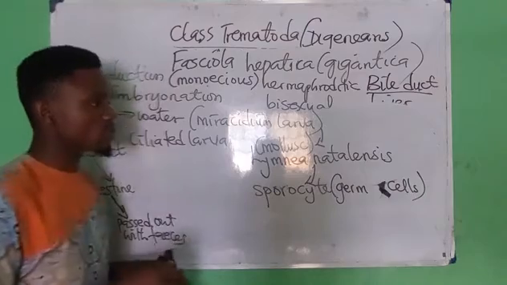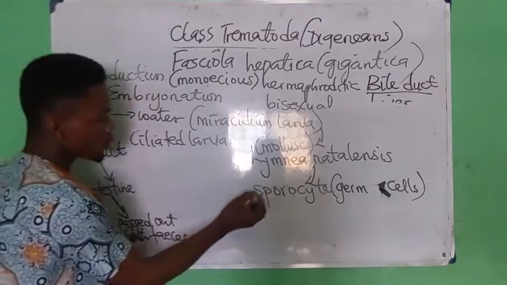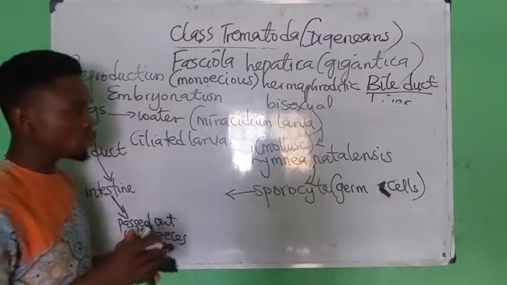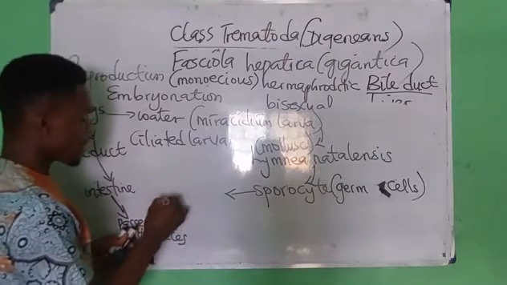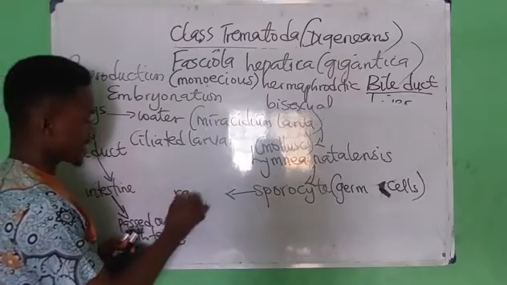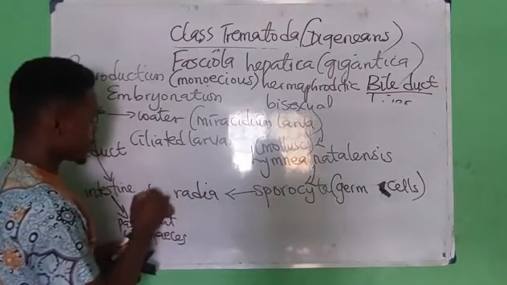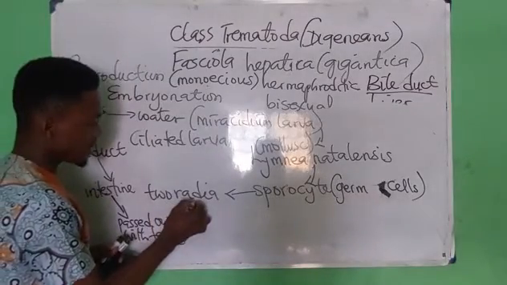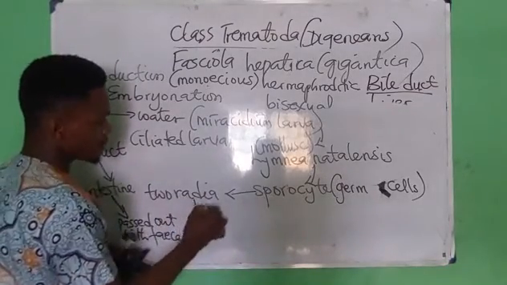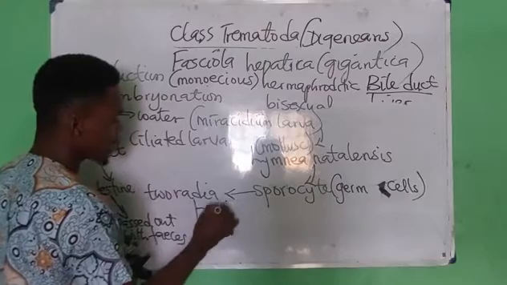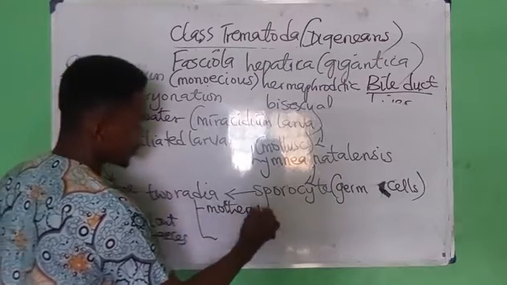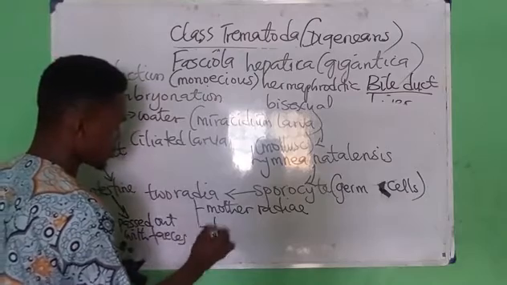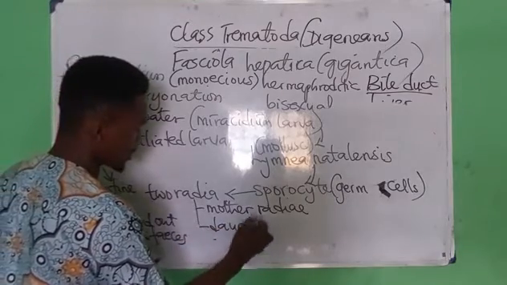These germ cells develop into what is called radia. That is 2 radia, to be specific. The 2 radia that this sporocyst develops into are the mother radia and the daughter radia.